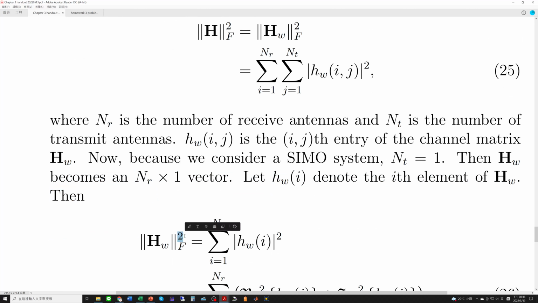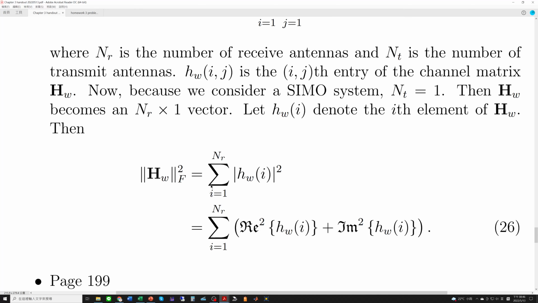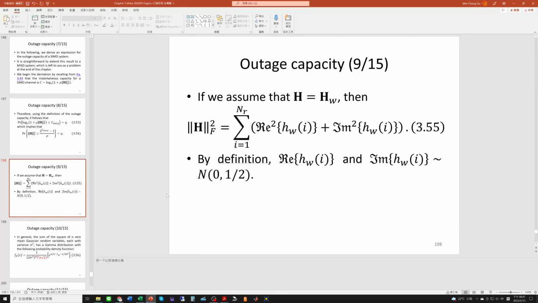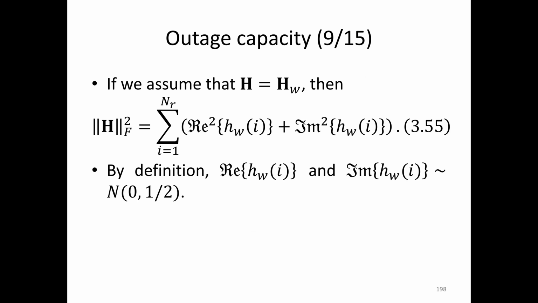Then the square of the Frobenius norm of HW is equal to the summation i equals 1 to NR of the square of the absolute value of HW of i, which is equal to the summation i equals 1 to NR of the square of the real part of HW of i plus the square of the imaginary part of HW of i. So this completes the derivation of equation 3.55. Let us go back to the slides.